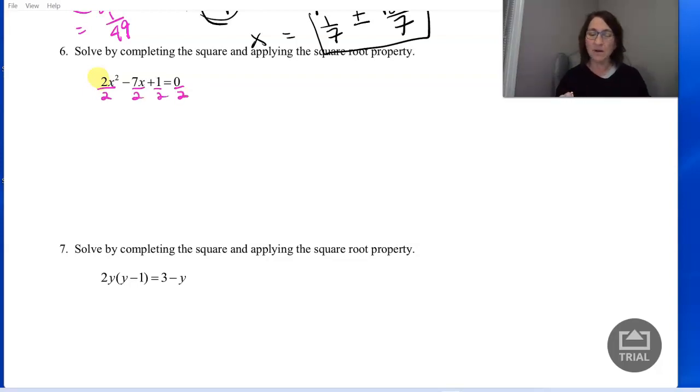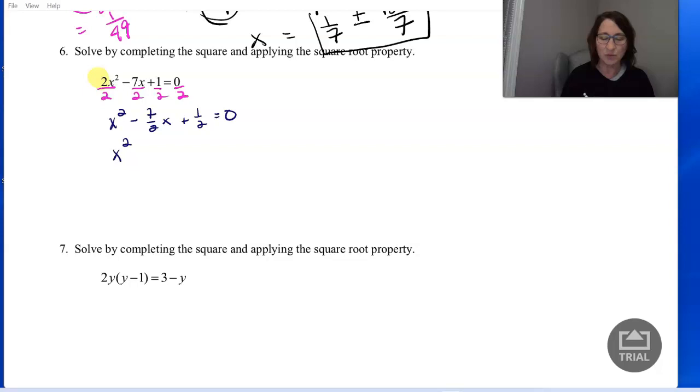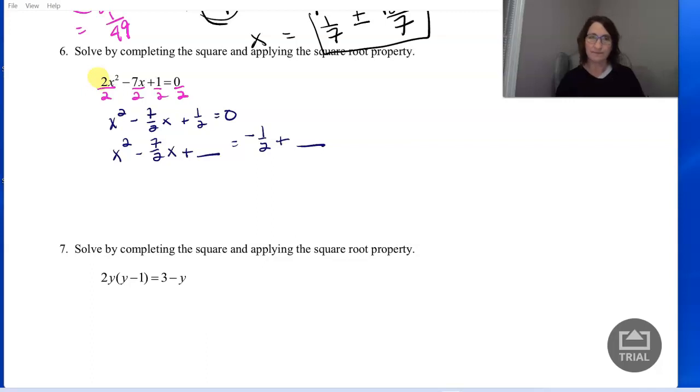And so that's going to give me x squared minus 7/2 x plus 1/2 equals 0. I'm going to bring that 1/2 over to the other side. So I've got x squared minus 7/2 x plus blank equals negative 1/2 plus blank.